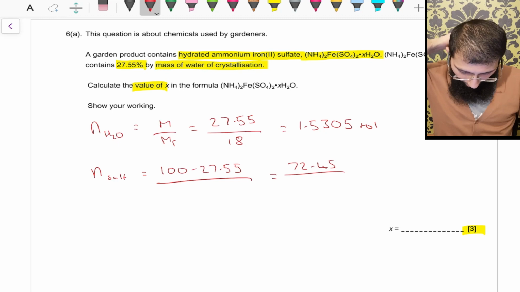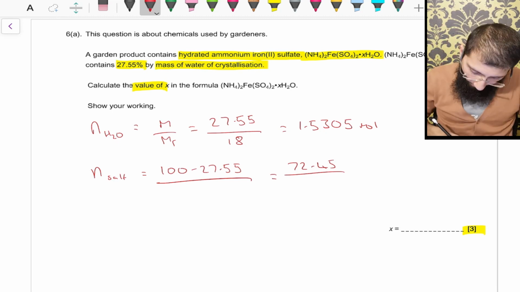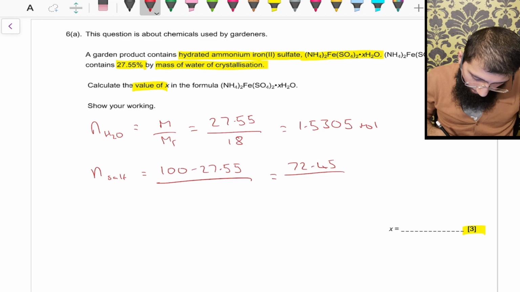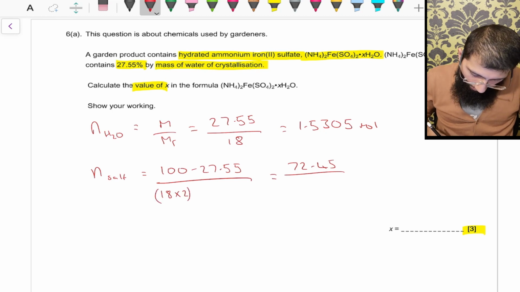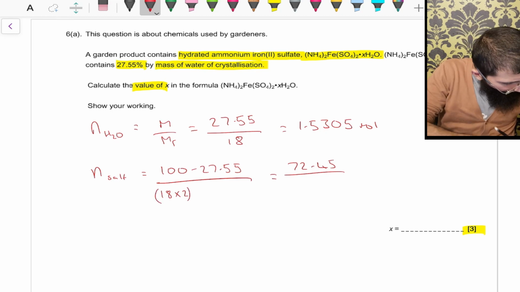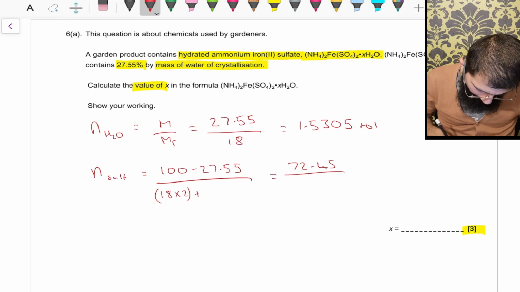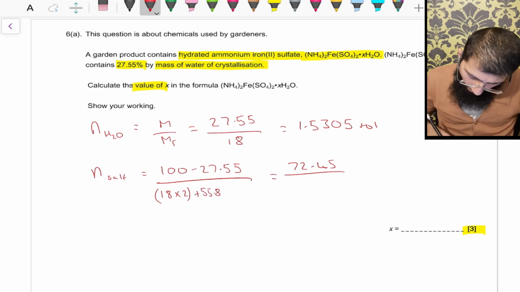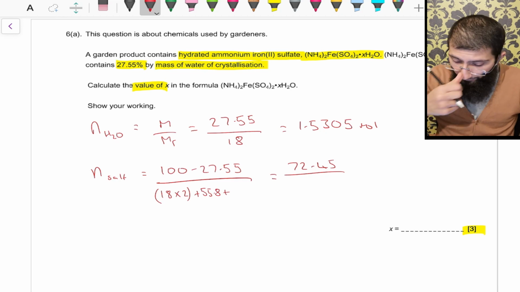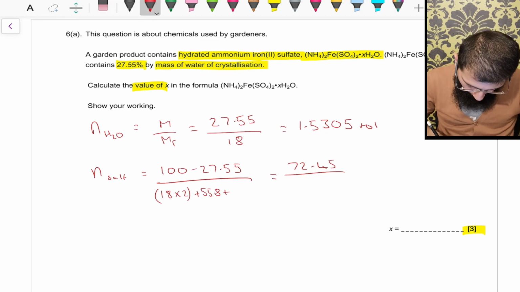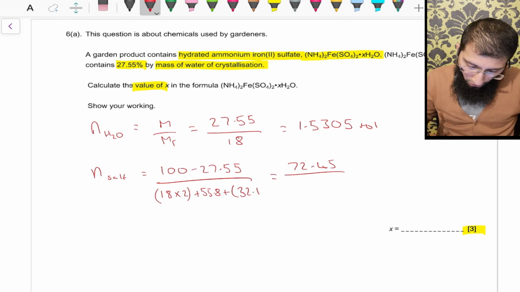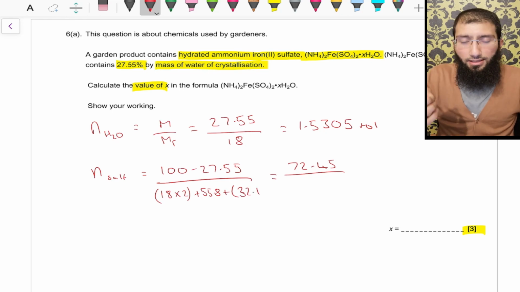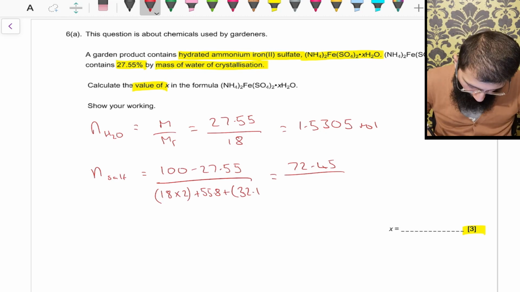So NH4 has an Mr of 18. We're going to multiply that by 2 because we've got 2 ammoniums. Iron is 55.8, so plus 55.8. Sulfate is 32.1 plus 4 oxygens. Each oxygen is 16, so 16, 32, 64, plus 64.